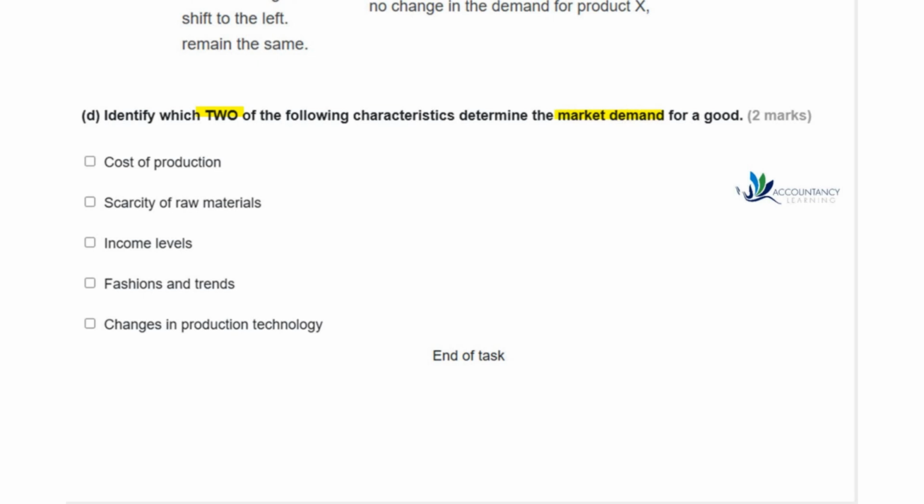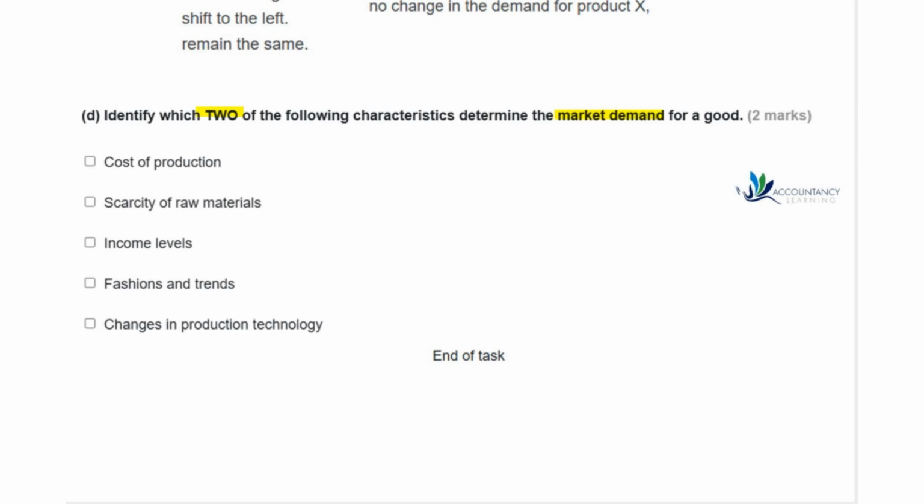Cost of production isn't going to determine the market demand for goods. This is about who wants to buy it. So it's not going to be the cost of production because the market isn't involved in that. Scarcity of raw materials, again, is not going to be related to the market demand.